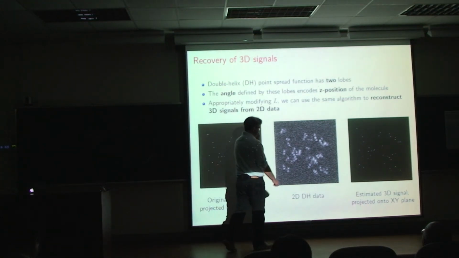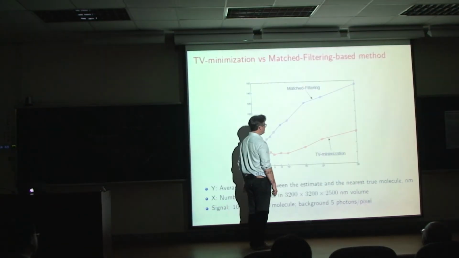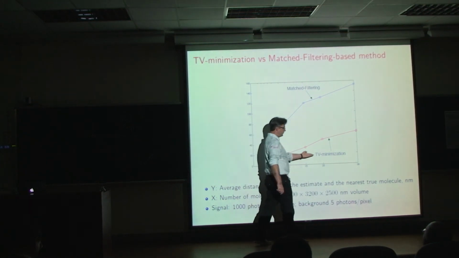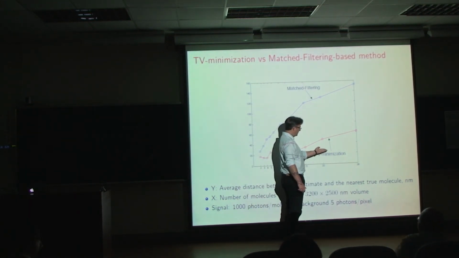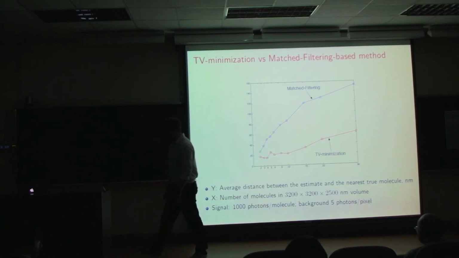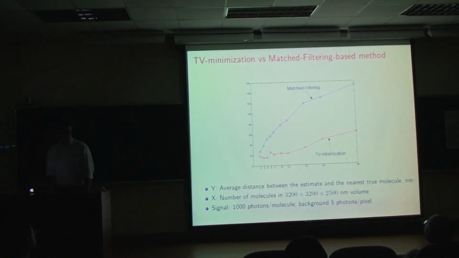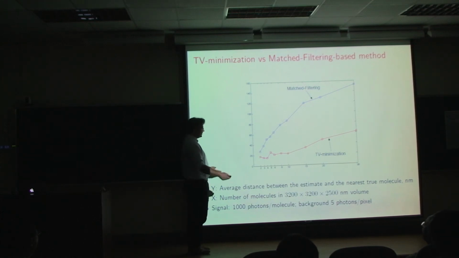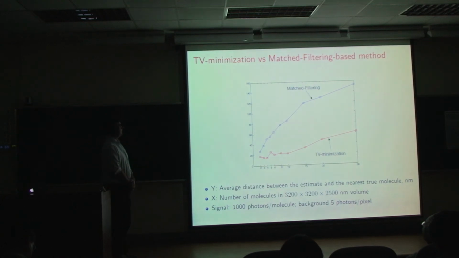And so with this method, we can increase density, we can increase the number of molecules per frame and still maintain high accuracy. Okay, and so for biology experiments, this is, from what I hear, quite significant. It's just work in progress, and we're working a lot on this. The preliminary results we see are promising, and they're excited because maybe we can increase density and make experiments much faster than they're used to.